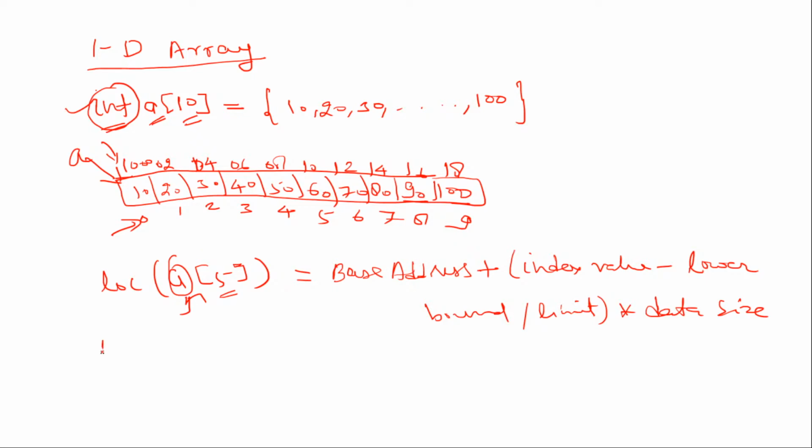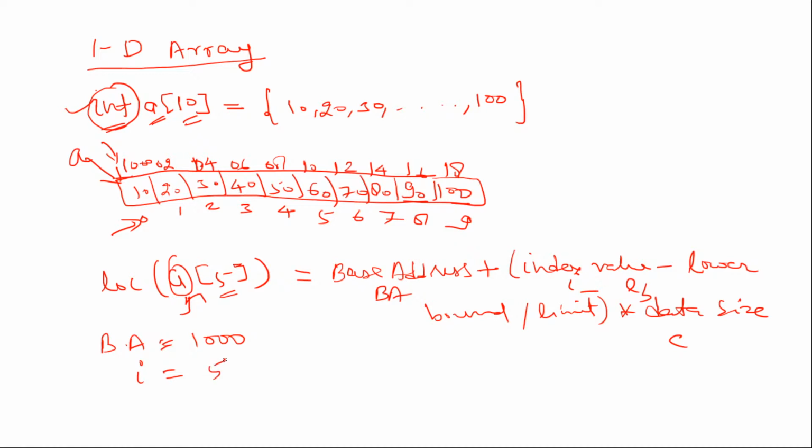So here suppose base address is 1000 and it is of integer type. So suppose this is V and this is I and this is L, and suppose this we call C, and I is 5.